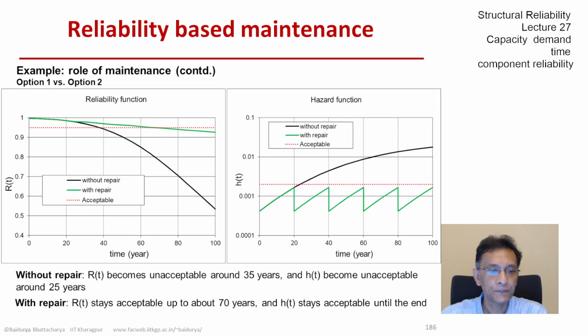But with repair, R(t) stays acceptable for about 70 years, which is very good, and H(t) stays acceptable till the very end. So clearly, this lets us look at the effects of preventive maintenance on the time-dependent reliability and time-dependent hazard functions, and how we can use such knowledge to take decisions.